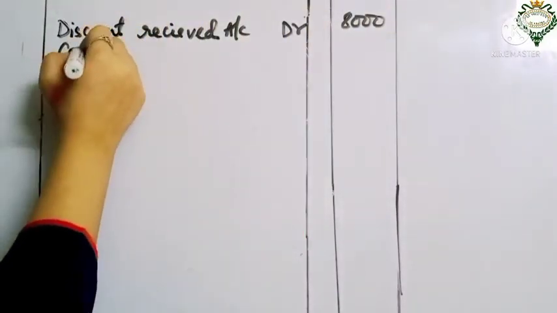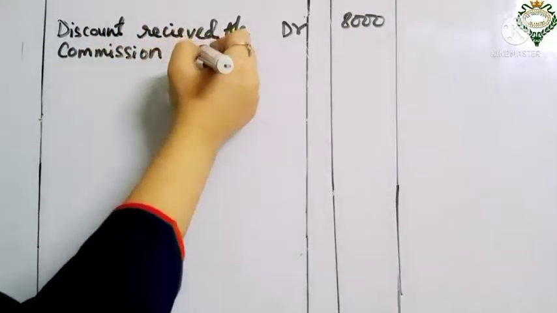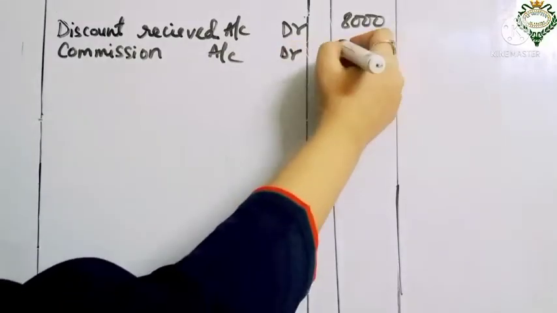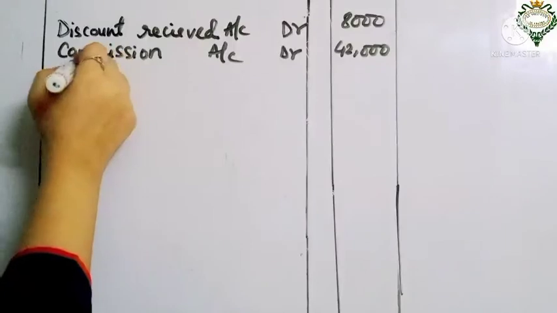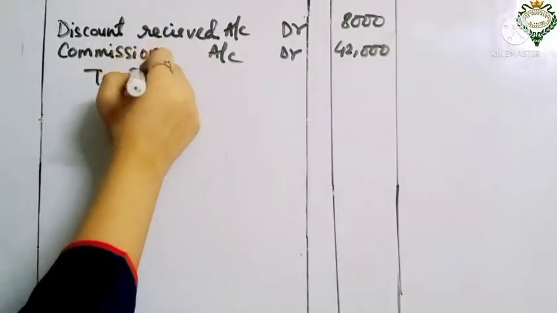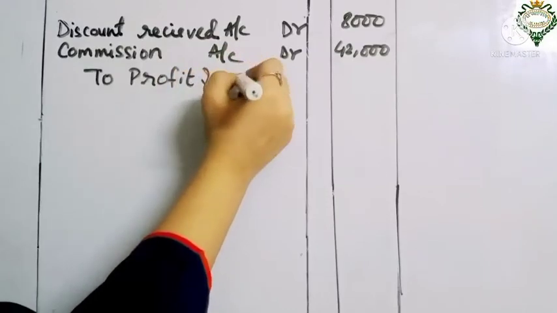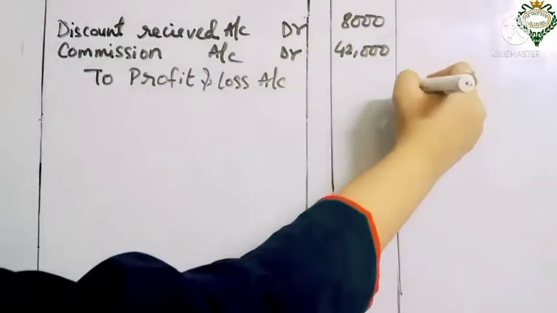Next is commission, okay. Commission is also a kind of profit, so we have to record at the debit side, okay. That is 42,000. Next is to profit and loss account, okay. So add this two, you will get 50,000, okay.